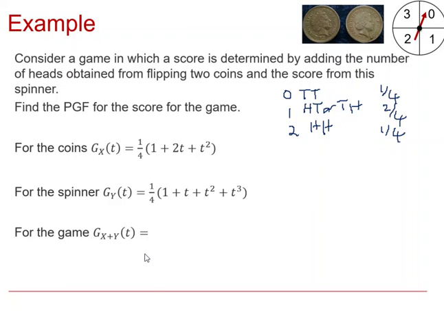And so for the game, which is looking at a score as the sum of those two individual independent random variables, our generating function would simply be the product of the generating function for x and the generating function for y.